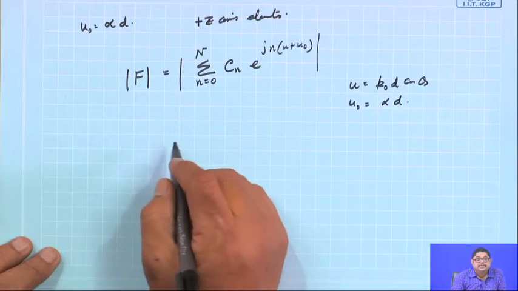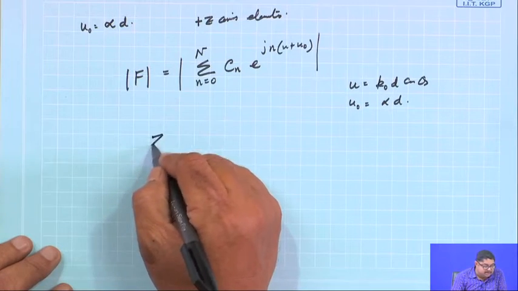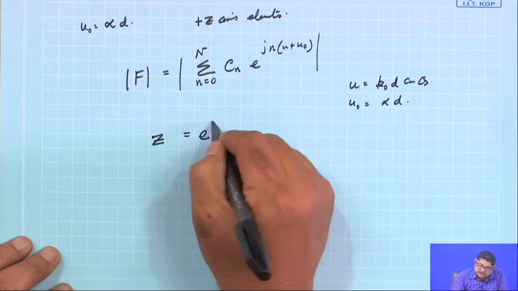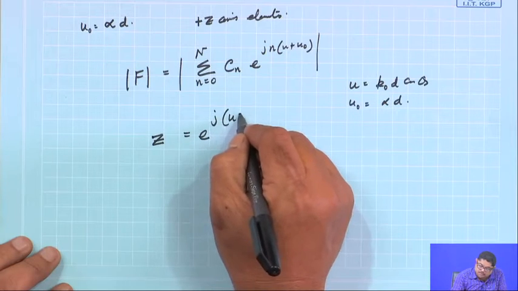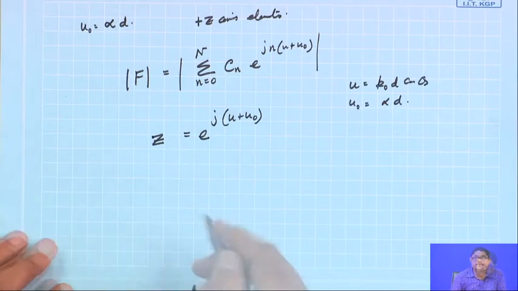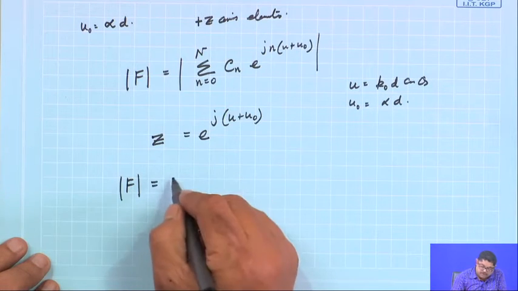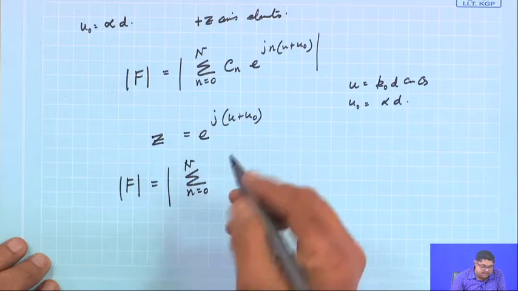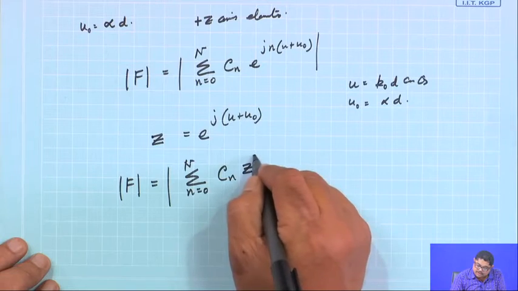Now, Schelkunoff actually defined a complex variable z, that is e to the power j (u plus u naught). So, the array factor f is equal to the sum over n equal to 0 to n of C n z to the power n.